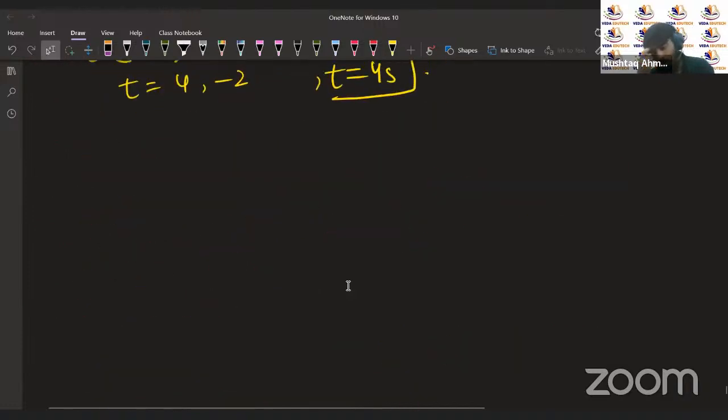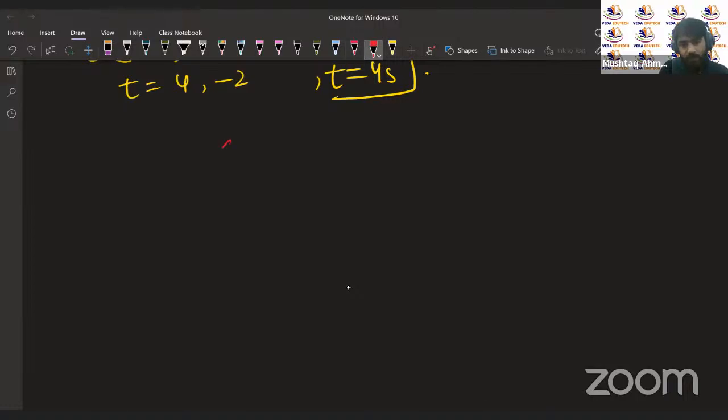Now, moving forward, we'll be discussing some of the important aspects of motion along a straight line. That's the graphical analysis of a motion. We'll be studying different graphs and trying to interpret them. So let's start with graphical analysis, or we can say graphs of a motion under a straight line.